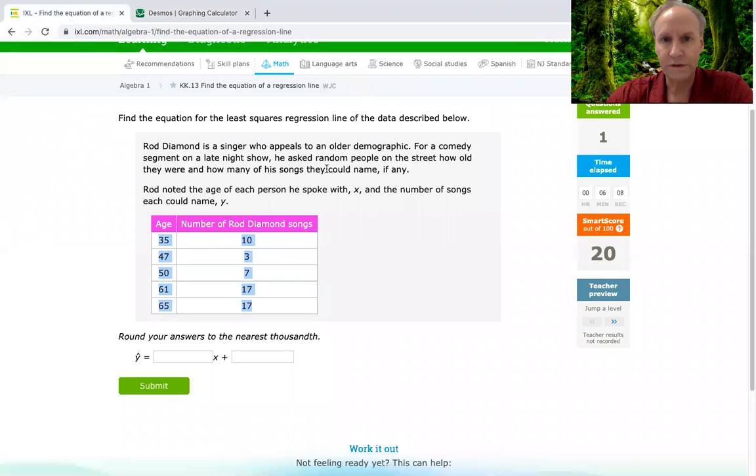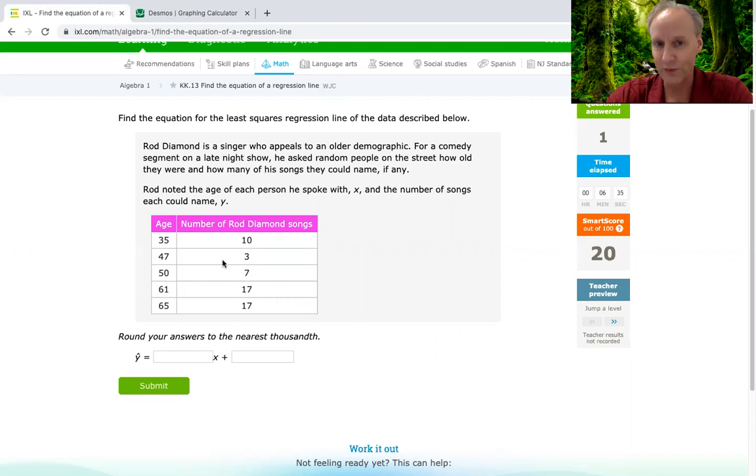Now, this was about Neil Diamond, I'm guessing, a singer who appeals to an older demographic. Supposedly based on age, they know more Neil Diamond songs. It looks like the 61-year-olds know lots of them, the 50-year-old not so much. There does seem to be a correlation.